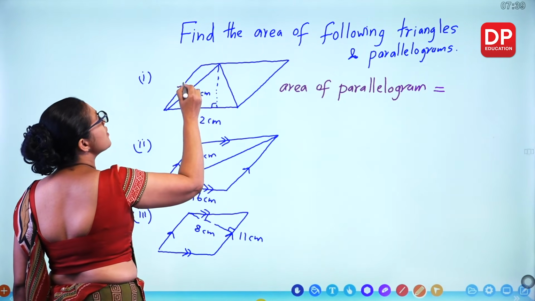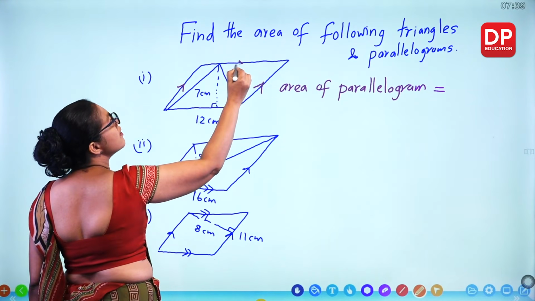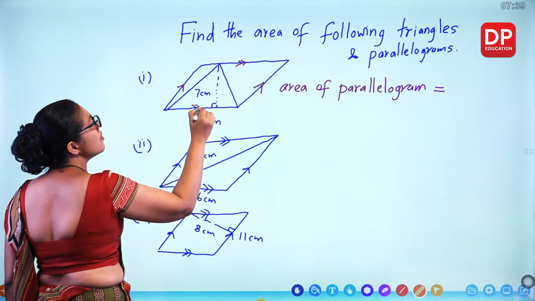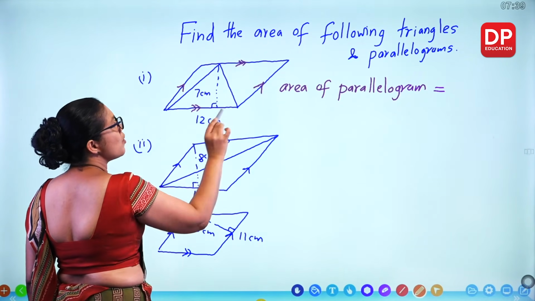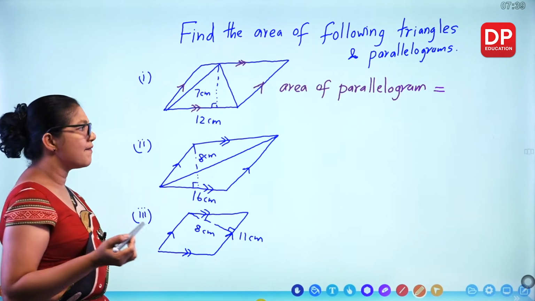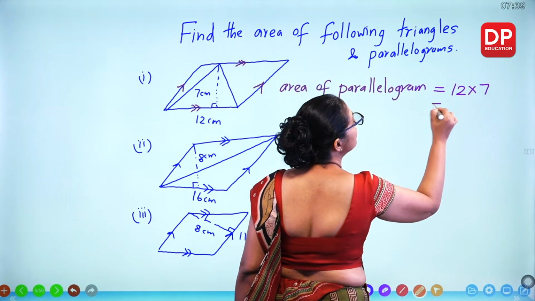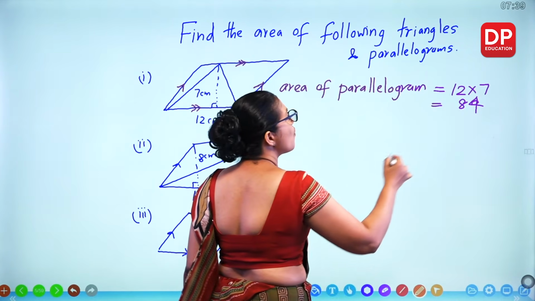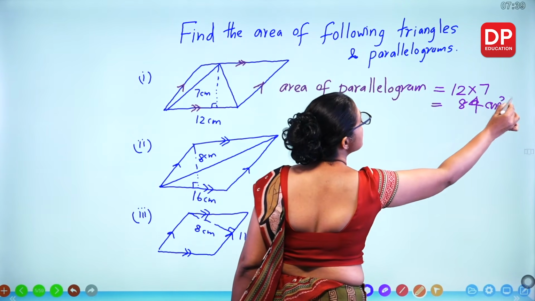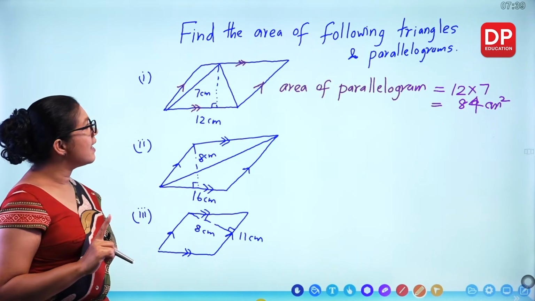This is the parallelogram. So here this length is parallel to this one. This one is parallel to this one. So we can say base is 12 and the perpendicular height is 7. So 12 times 7. What's the answer? 84 square centimeters.